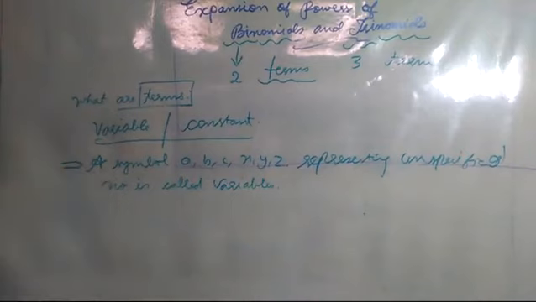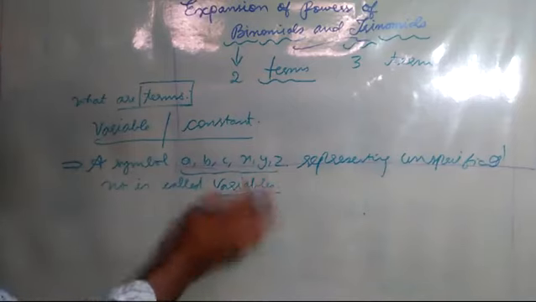These are called variables. X, Y, Z, alpha, beta, gamma, these all are called unspecified numbers. Indirectly we call it as variable.